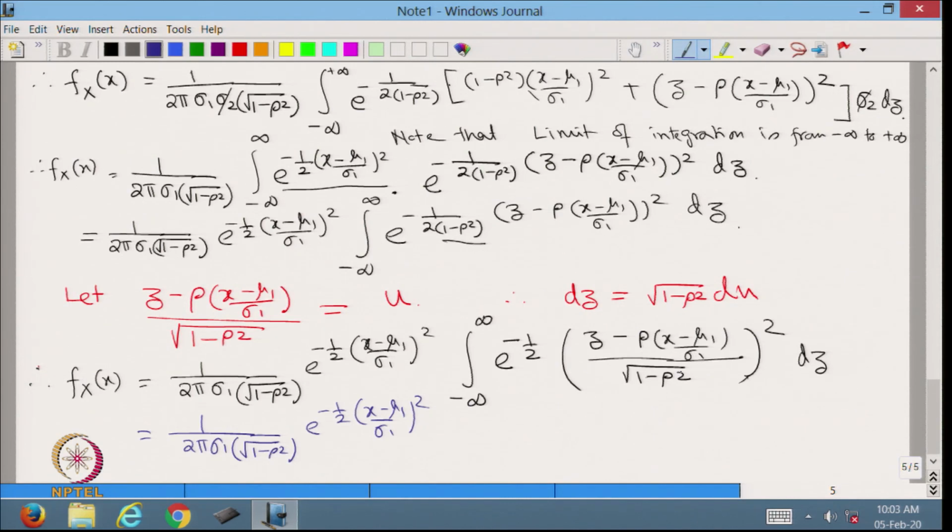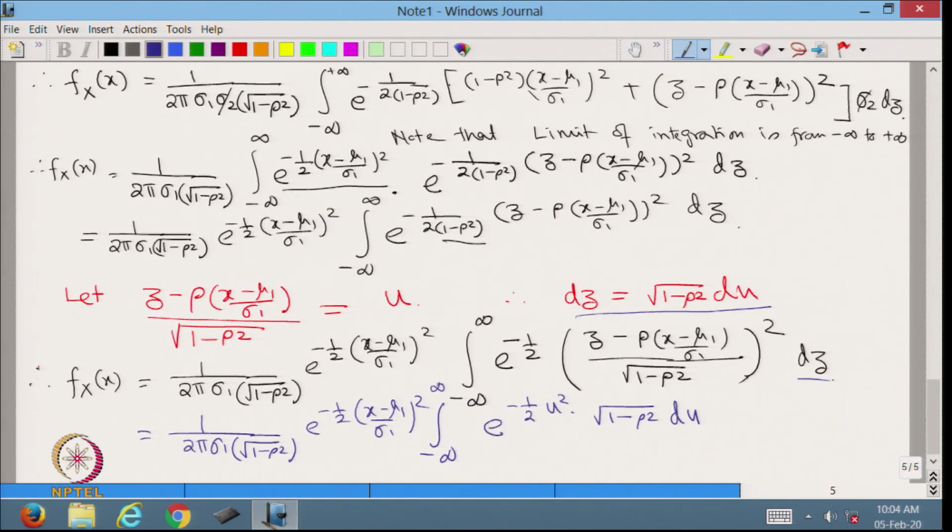Now, here we are making the substitution, and therefore we are getting integration minus infinity to plus infinity e to the power minus half u² into root over (1 − ρ²) du.